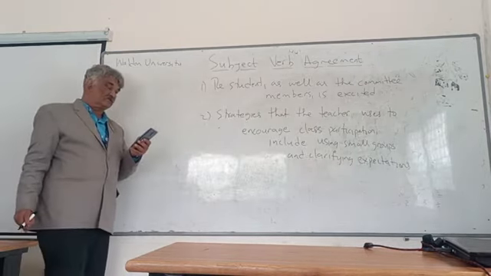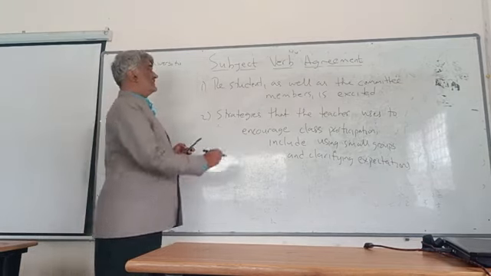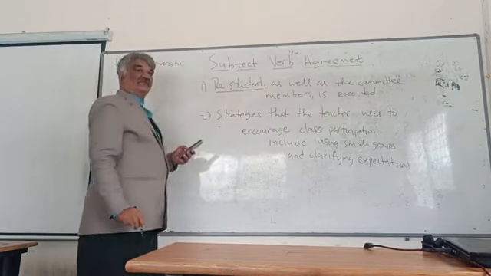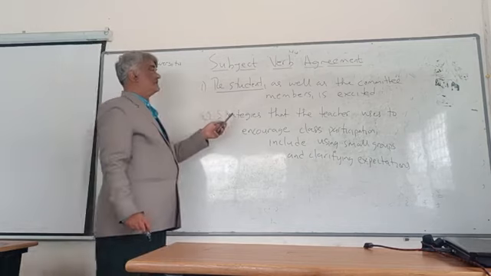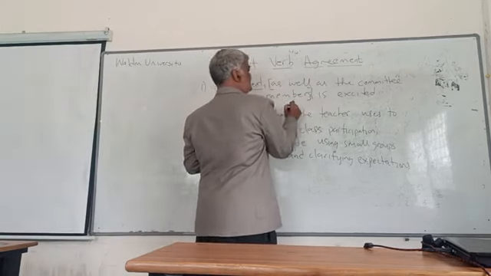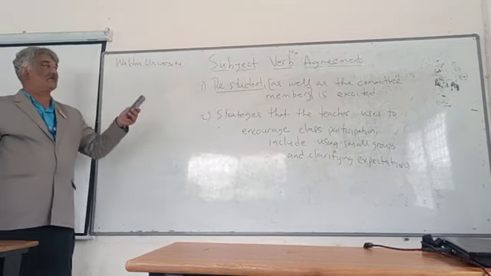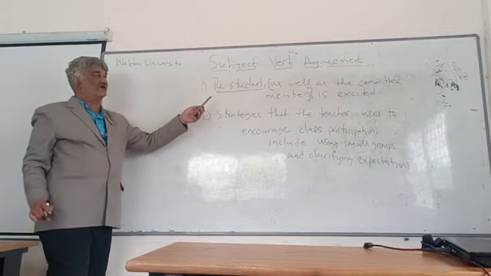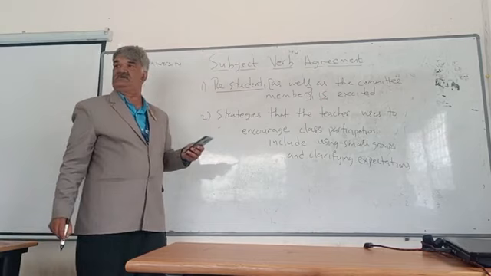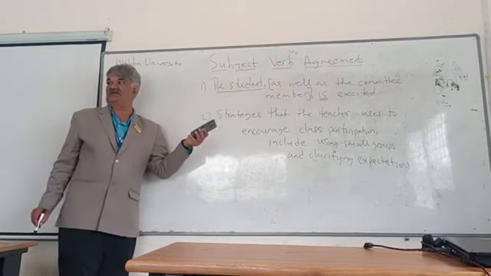What is the rule? When a phrase comes between the subject and the verb. Now, the subject of the first sentence is the student. Okay, the subject of this sentence is student. And we have a phrase here. The phrase I'll put in brackets is as well as the committee members. Okay. When a phrase comes between the subject and the verb, this is the verb. The verb still agrees with the subject.